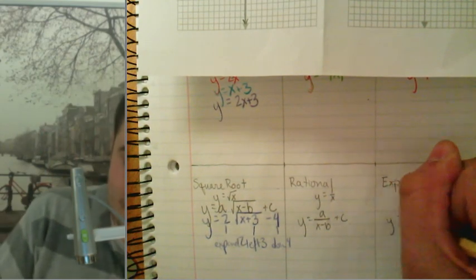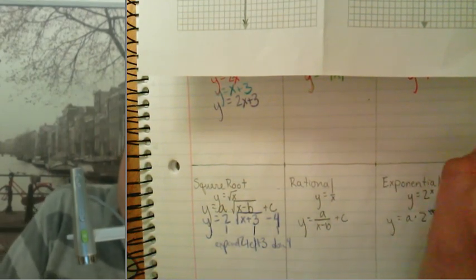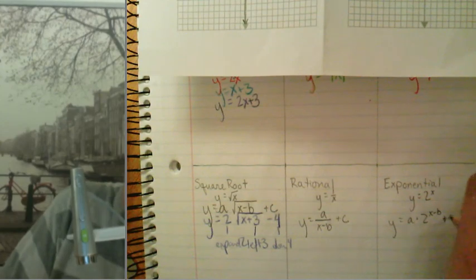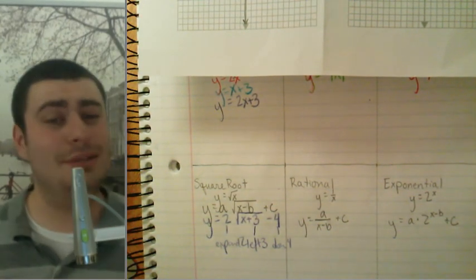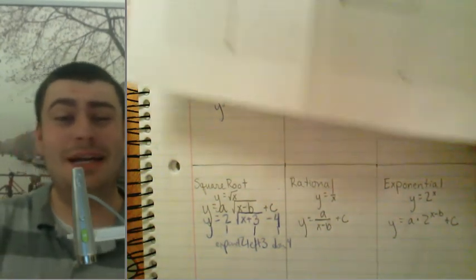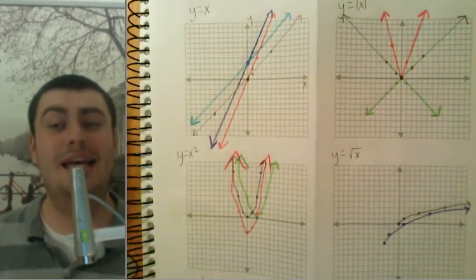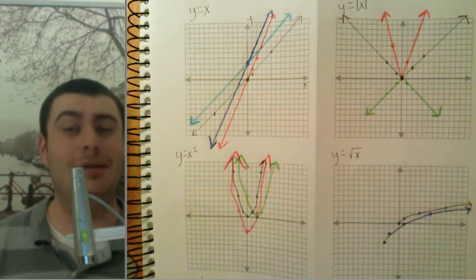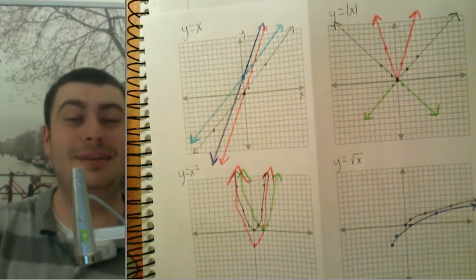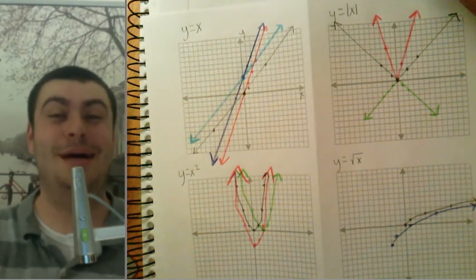Exponential will have y equals a times 2 to the x minus b plus c. And we'll play around with these more in class, I promise. For right now, I just wanted to give you a little exposé on graphing functions and manipulating them and moving them up, down, and around. And we will play with this a lot more in class tomorrow, I promise.